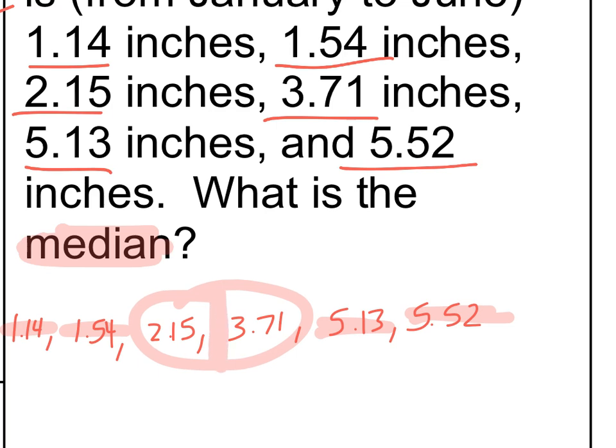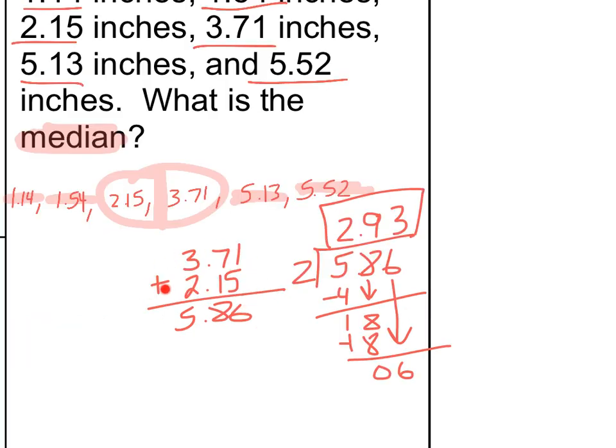So remember, in order to find the median of 2 numbers, you have to find the mean of those 2 numbers. And that's only when you have the 2 in the middle. If it's an odd number of data, we would have just 1 number right in the middle, but in this case we have 2 numbers right in the middle. And since we have to go between that, we're going to add 3.71 and 2.15, and then we're going to divide by 2.